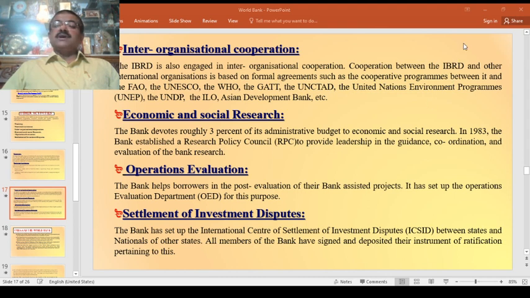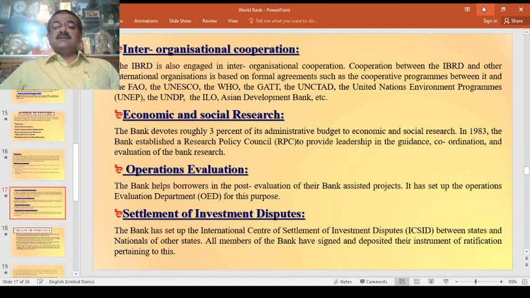Inter-organizational cooperation. The IBRD is also engaged in inter-organizational cooperation between the IBRD and other international organizations based on formal agreements, such as the cooperative programs between it and the FAO, UNESCO, the WHO, the GATT. Of course, GATT is no more right now.